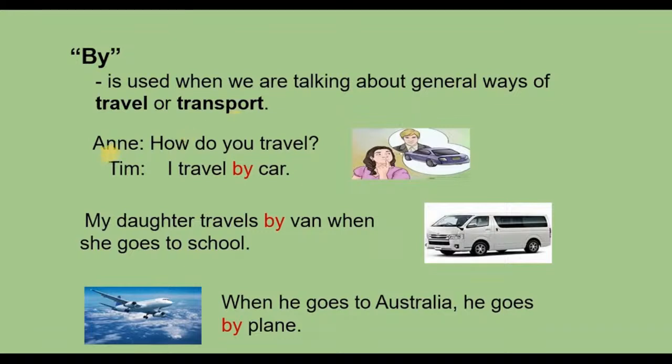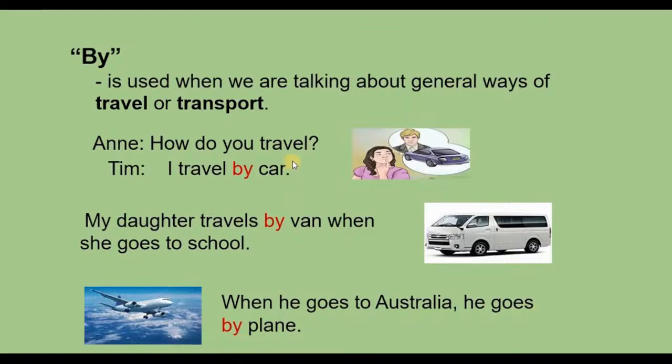So, for example, how do you travel? I travel by car. My daughter travels by van when she goes to school. When he goes to Australia, he goes by plane.